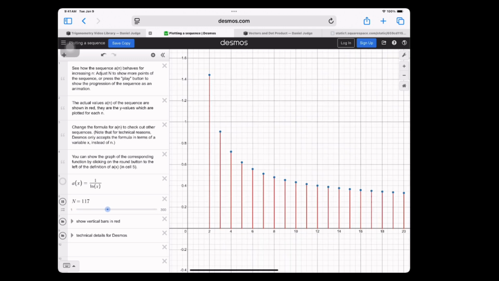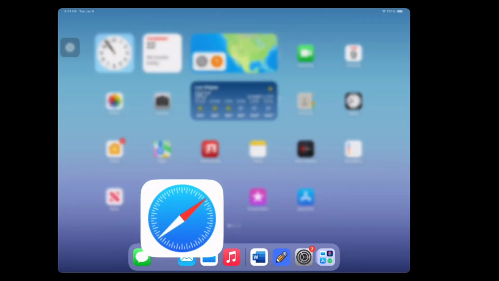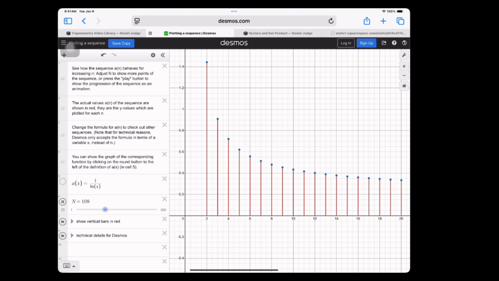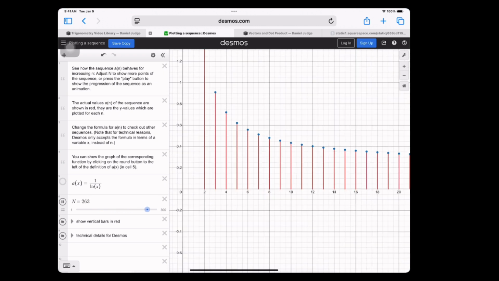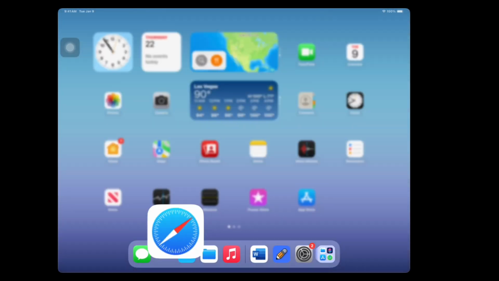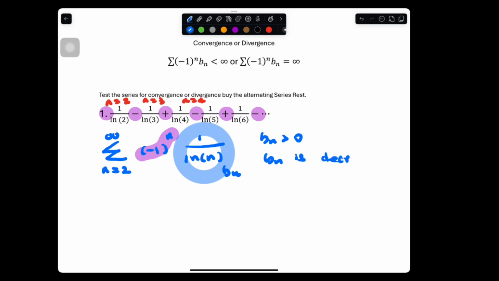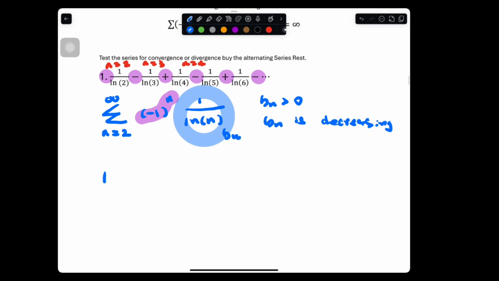We're decreasing. Is that true? All right. And are the terms all positive? Yes, they're above the x-axis. So Bn is positive. Bn is what? Decreasing.